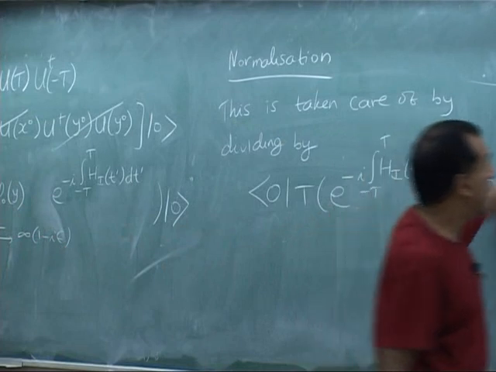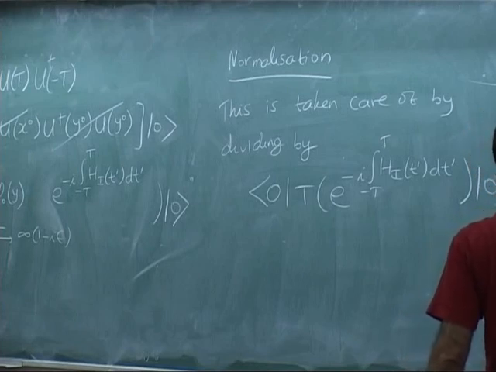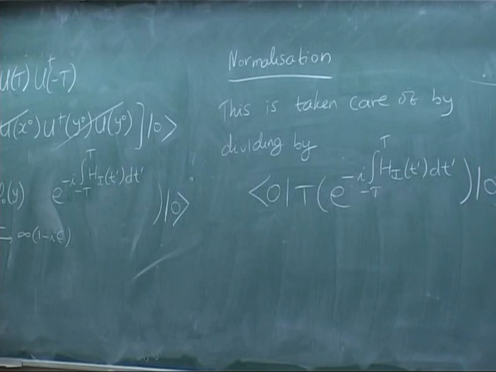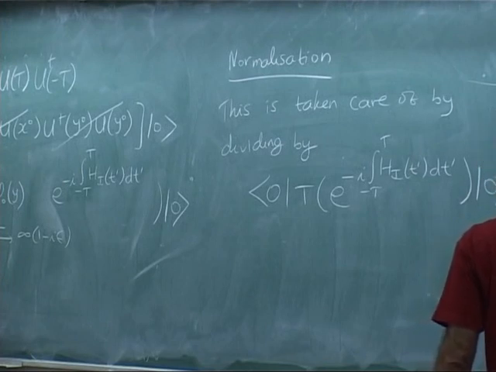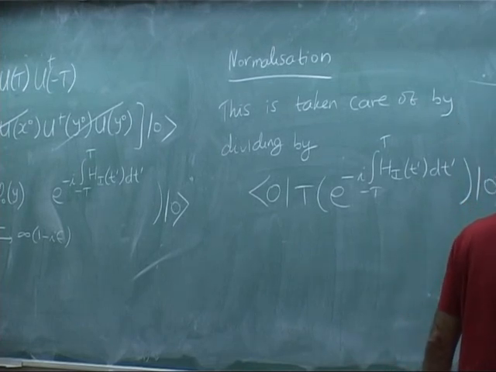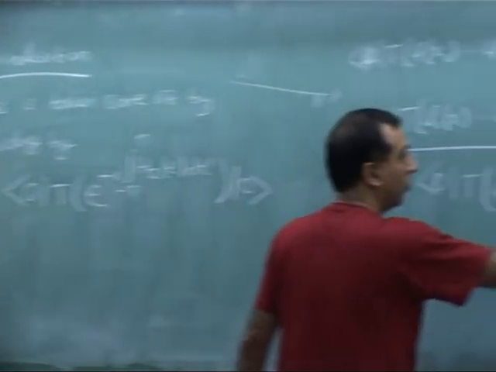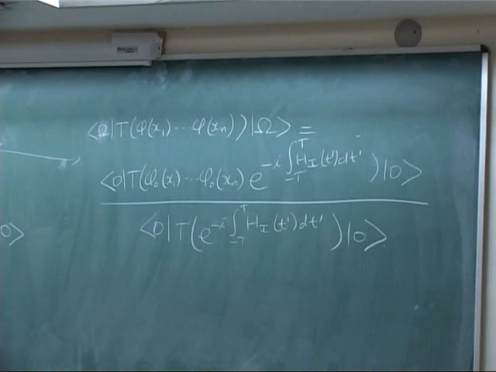So therefore, the final big answer is that 0 t, in fact now I am going to generalize it to an endpoint function, is equal to 0 t of phi naught. And this is the master formula for all of perturbation theory in quantum field theory.